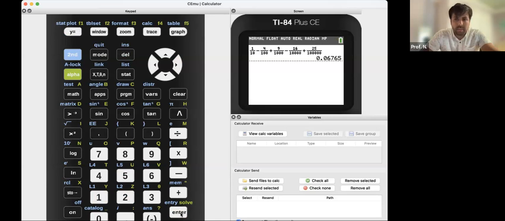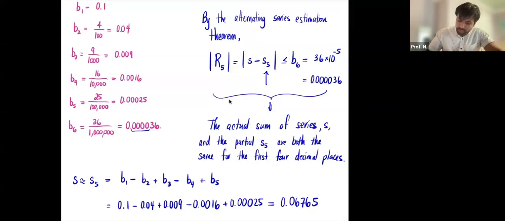When I calculate that, I get the value 0.06765. See that? So for the first 4 decimal places, I know that this sum is accurate to the actual sum. So the first 4 decimal places are accurate. And I stop here.